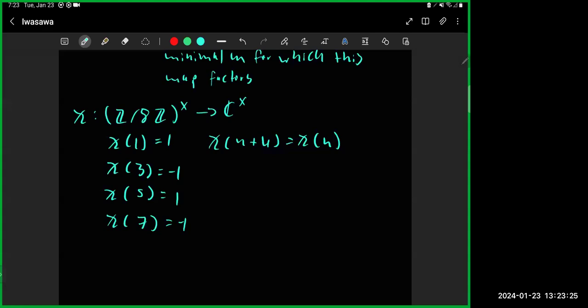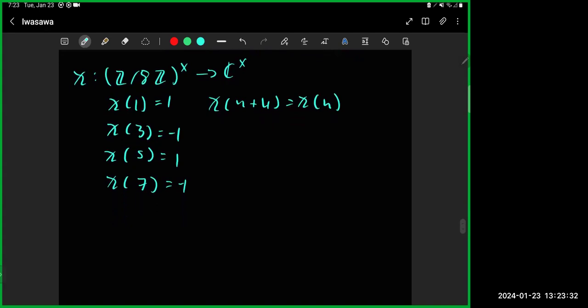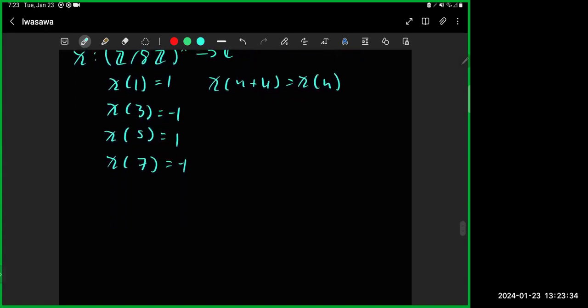Another way to see this that's a bit more algebraic, and maybe useful to some, is to note that for the extension Q adjoin the nth root of unity, the Galois group of this extension over Q is isomorphic to the units of Z modulo nZ.